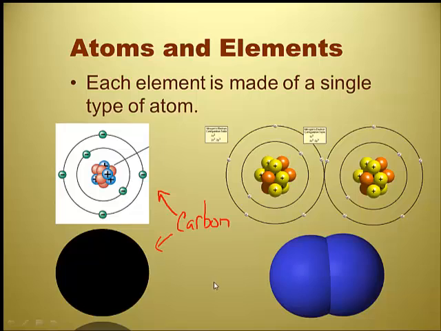The picture on the right is also an element, and it's called a diatomic element, di meaning 2, because that is elemental nitrogen gas. There's one and there's two. And even though it's an element, and even though there's 2 of them bonded together, they're the same type of atom, and it's a diatomic.